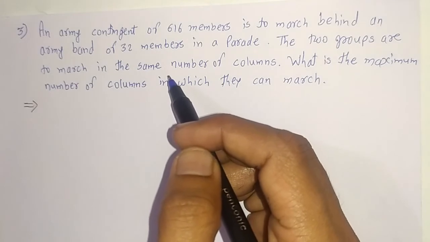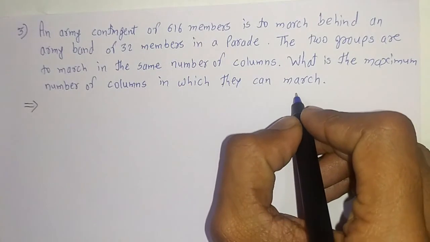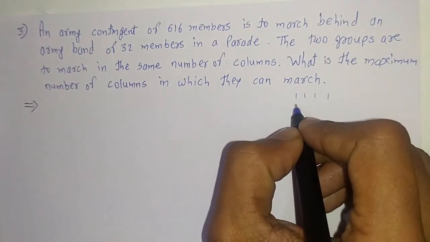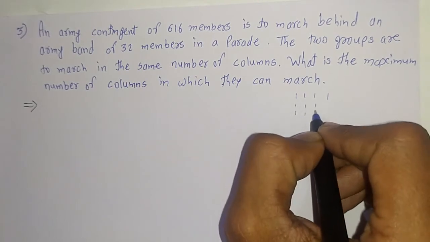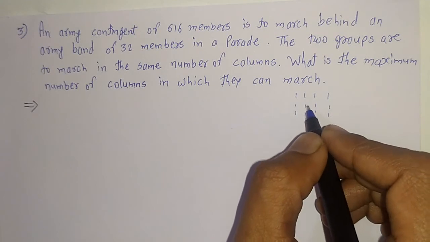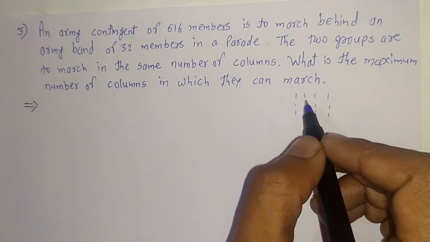You need to find the maximum number of columns in which they can move so that they have the same number of soldiers in each column.